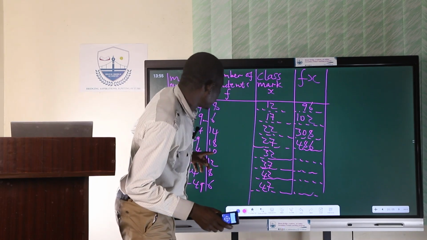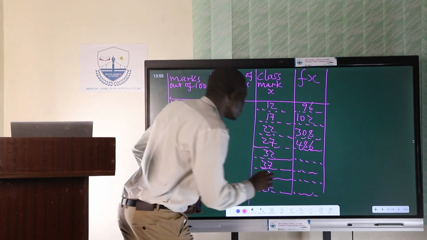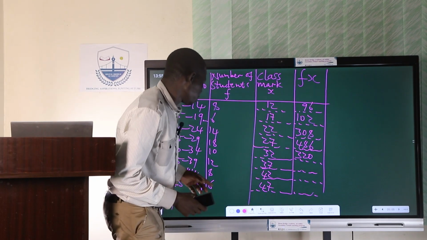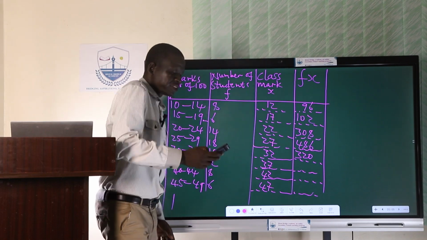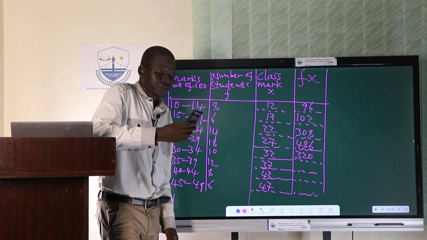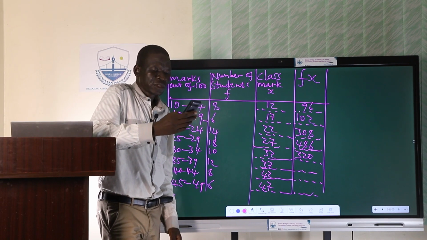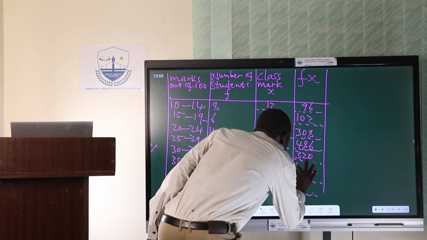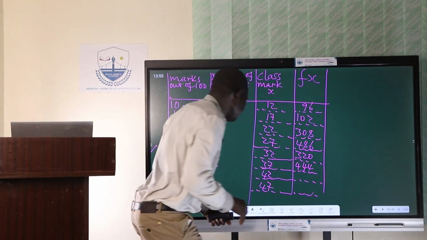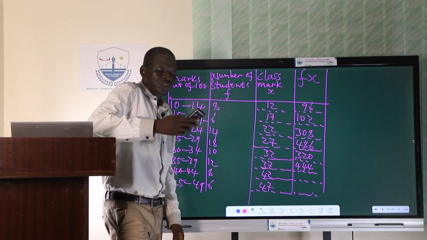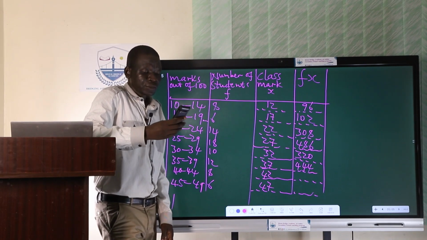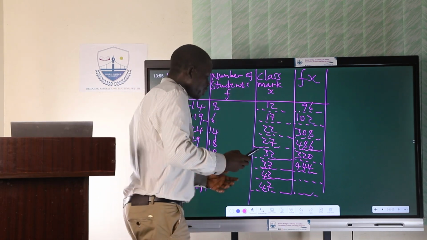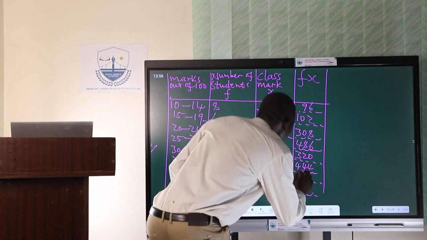Then we come here, 10 times 32, we get 320. 12 times 37, we get 444. 8 times 42, we get 336.